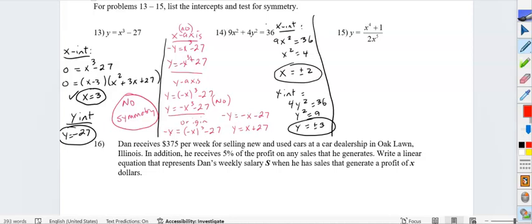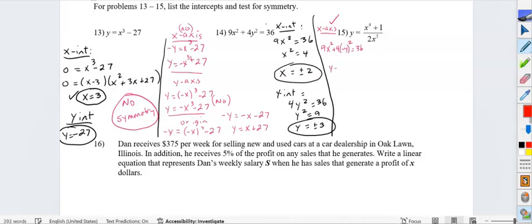So let's do x-axis first. We're going to let y become negative y. And when we do, we get the original equation back because negative y squared becomes positive. So we have x-axis symmetry.